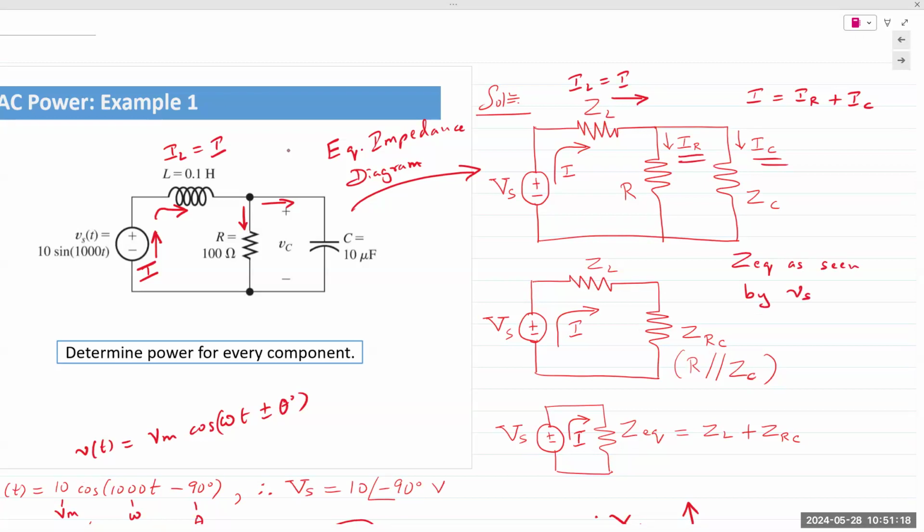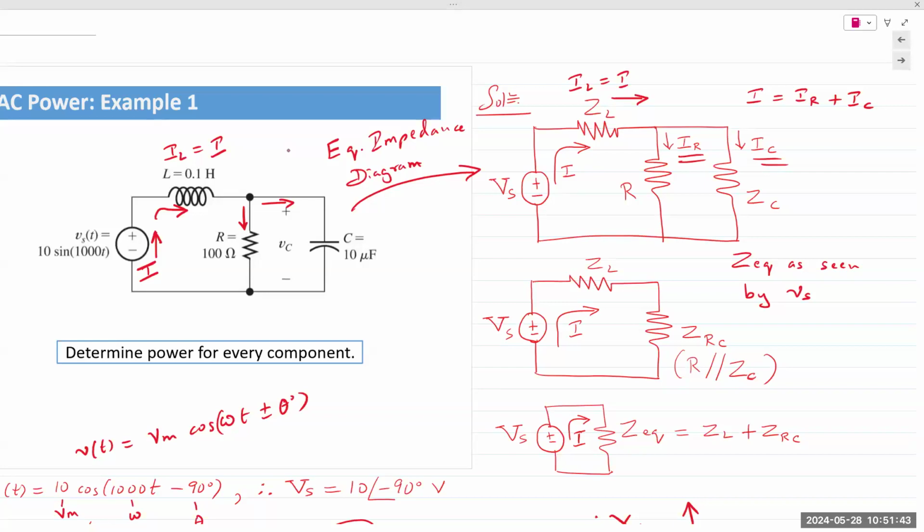When you have a resistive circuit and it is possible to reduce the entire circuit down to one single resistance, we find REQ. So it's the exact same approach. We have multiple impedances in the circuit, and it is possible to reduce the entire circuit down to one single impedance. Remember, the goal is to find all the currents and all the voltages for every single component.